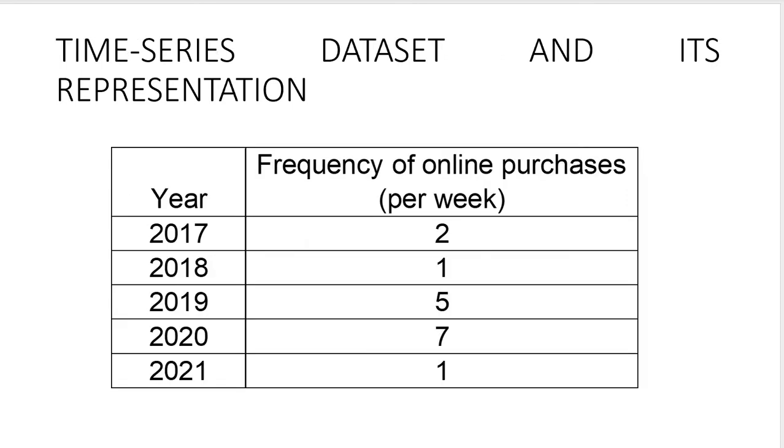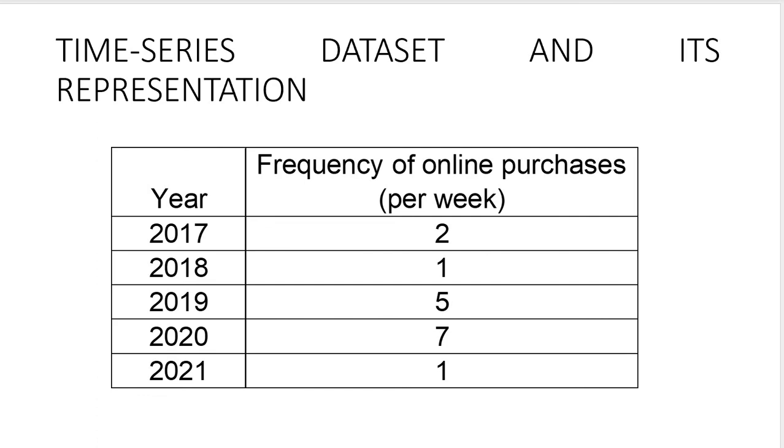When it comes to time series dataset, again, this is how you present your data. So in this case, you analyze exactly one consumer, or maybe household in this case, and you analyze how frequency of online purchases per week varies over time.